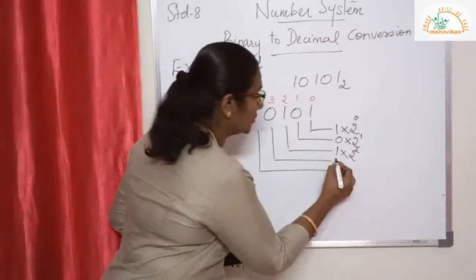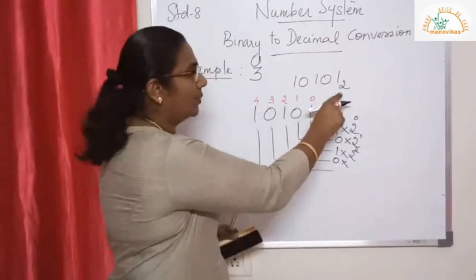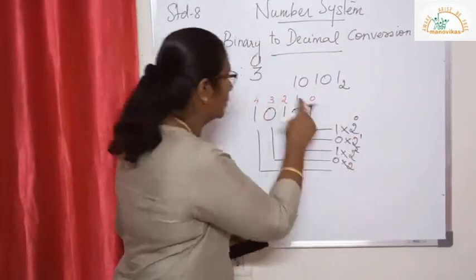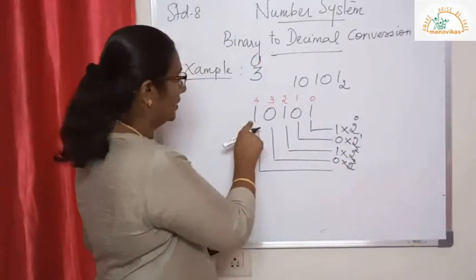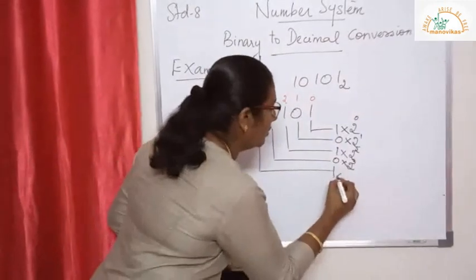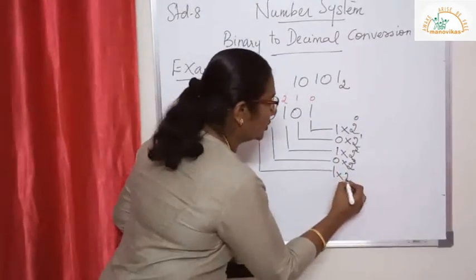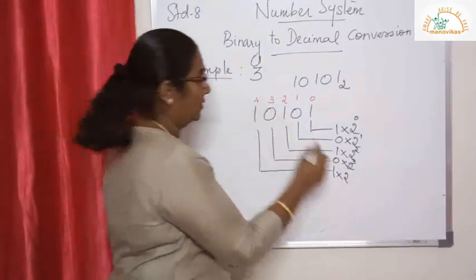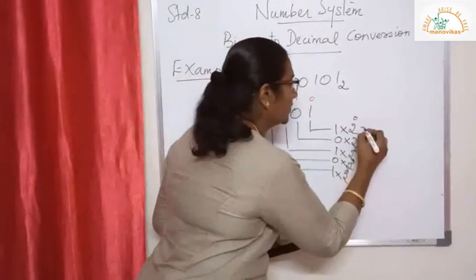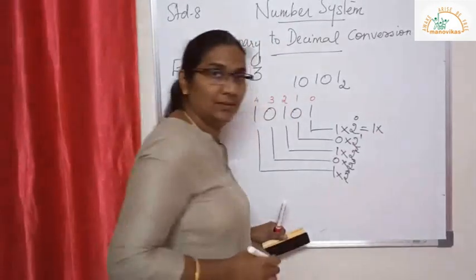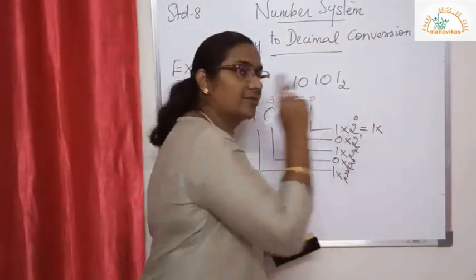Next digit is 0 multiplied by the base of the number, that is 2, to the power of 3. The last digit is 1 multiplied by 2 to the power of 4.